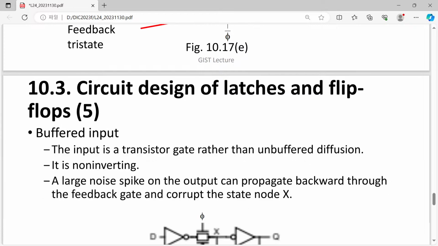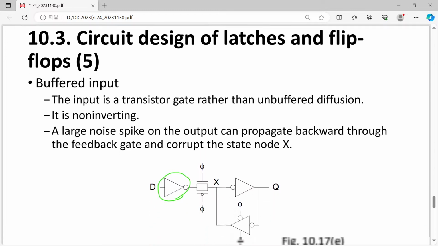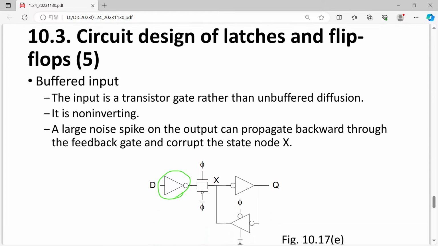So now we can introduce another inverter. The only difference is here. So now we can separate our D signal from being directly connected to our diffusion node.